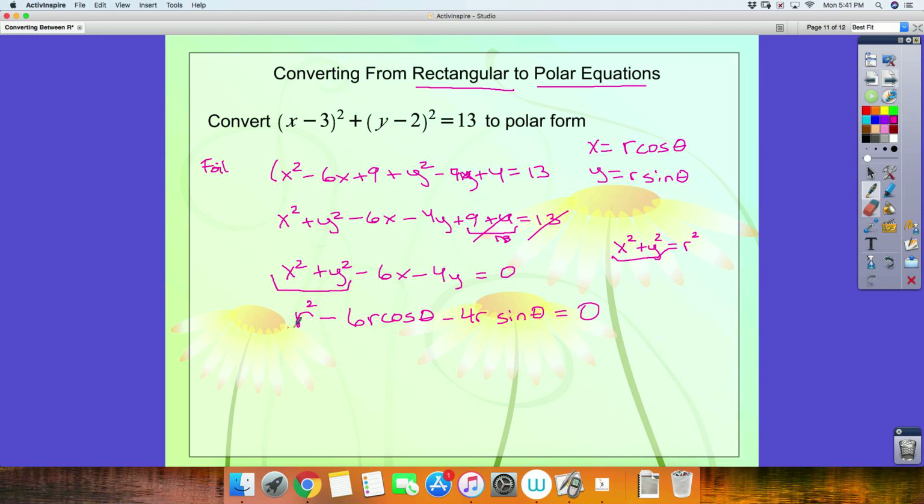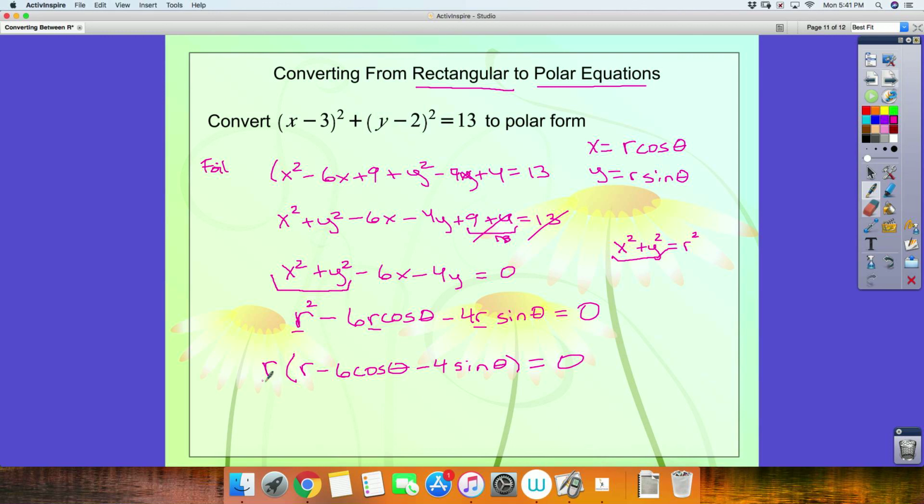Now as I look at these, I can see that they all have an r in common. So I'm going to go ahead and factor out an r. If I take out an r, that leaves r minus 6 cosine theta minus 4 sine of theta equals 0.